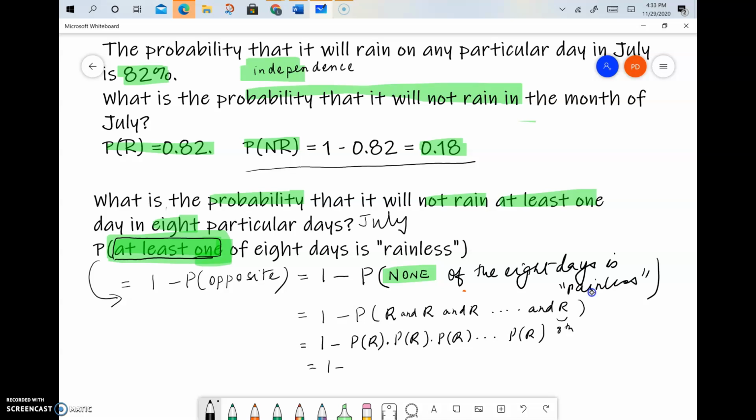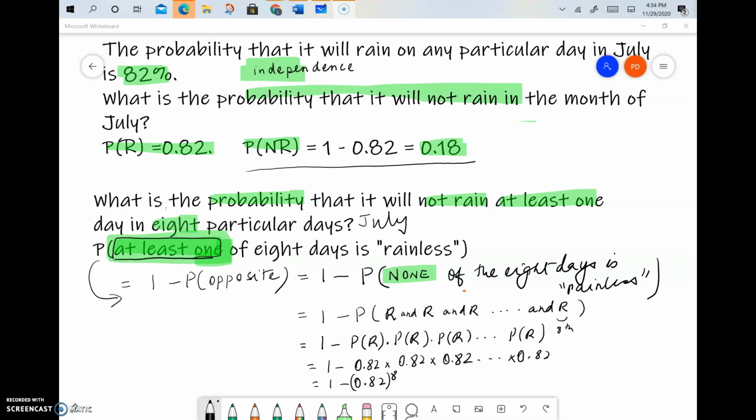So this is equal to 1 minus 0.82 times 0.82 times 0.82, and we keep going until we reach the 8th number, which is 0.82. So that is equal to 1 minus 0.82 to the 8th power.